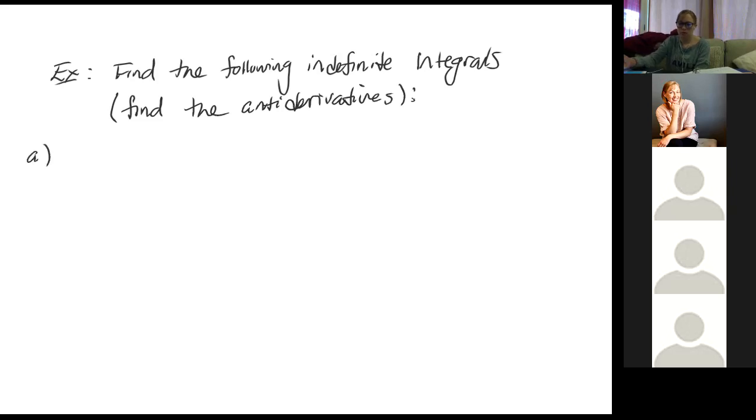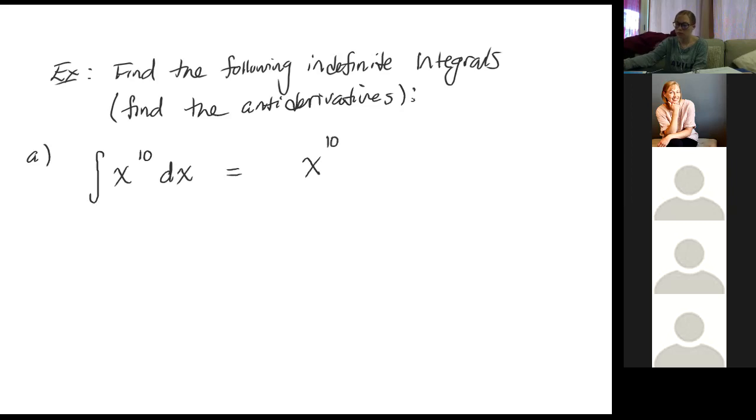So the first one, let's find the antiderivative of x raised to the power of 10 with respect to x. I can use the second rule that I developed previously. I'm going to increase the power by 1 instead of decrease.